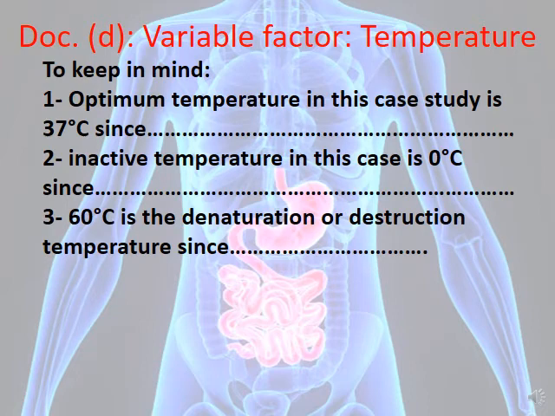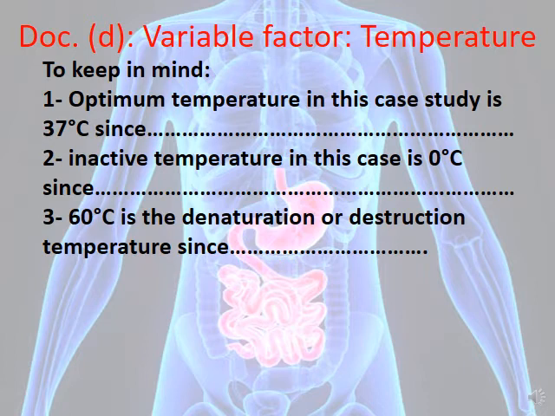To keep in mind, the optimum temperature in our case study is 37 degrees Celsius, since the enzymatic activity and the function of the enzyme is at its best at 37 degrees Celsius.